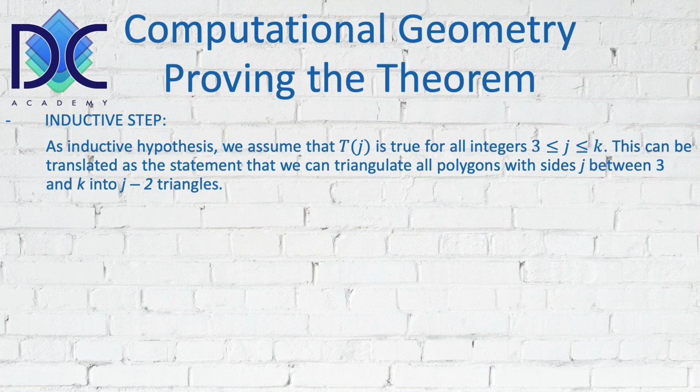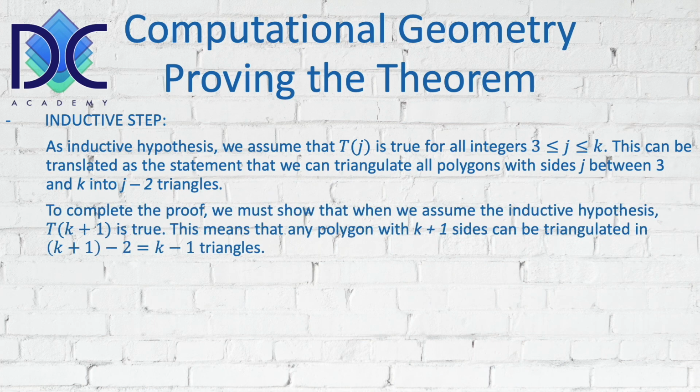It can be translated as the statement that we can triangulate all polygons with j sides, j between 3 and k, into j-2 triangles. Once we can prove this, we can also say that this is valid for k plus 1. Now, we have to assume that the inductive hypothesis is true.